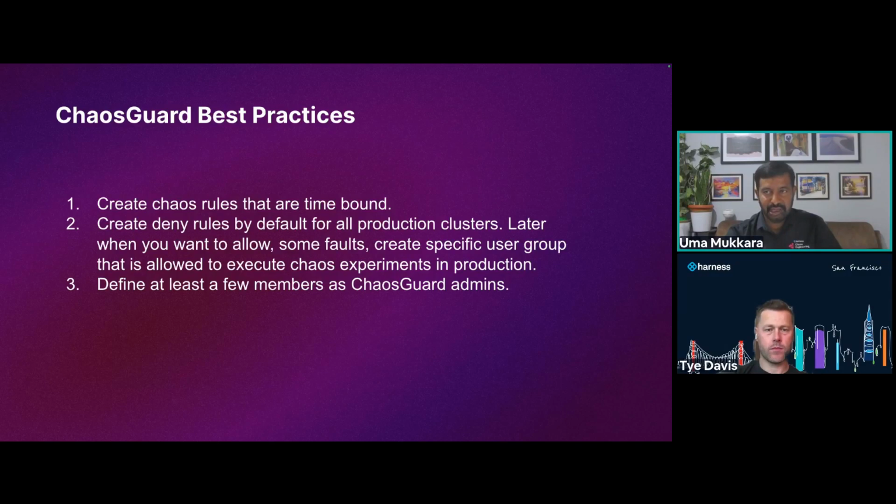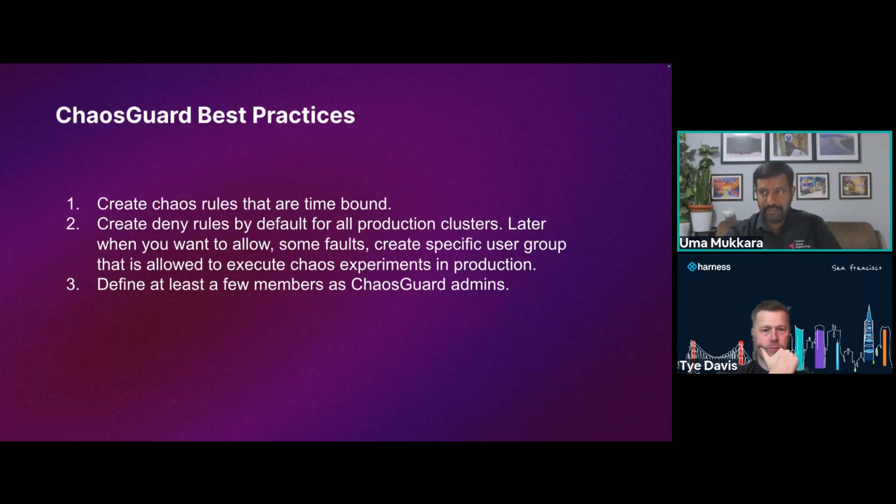And the other best practice is to deny all chaos testing on production clusters. Once you deny, then start creating the allow rules: only these people can run chaos experiments on production clusters. So at least you have some responsibility tagged to certain people who are running chaos experiments in production.